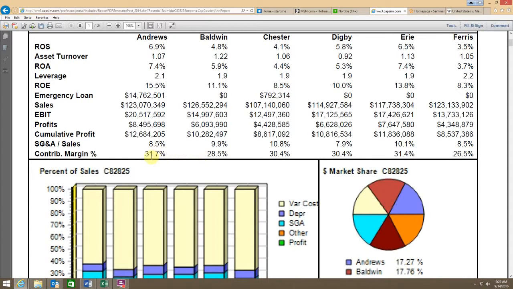Okay, that means that if both teams had 100 million in sales, look at that, the teams were just about even in sales, and yet Andrews had a 4% higher contribution margin, so that means that it made nearly $5 million more, okay, before interest and taxes, $5 million more in EBIT right there.